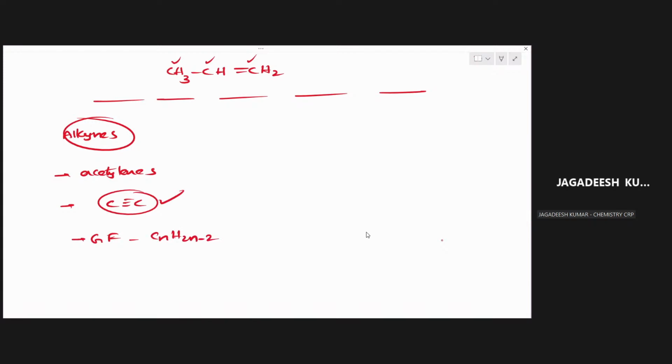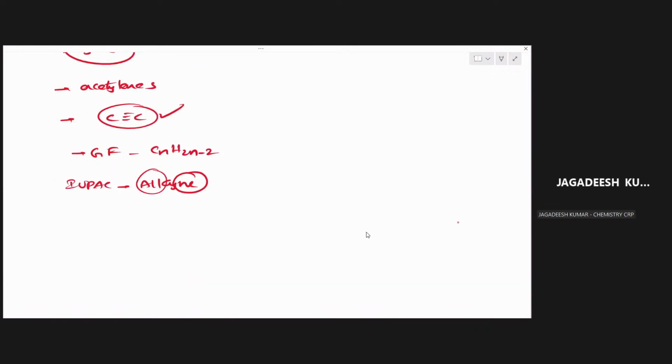The IUPAC name we take as alkyne. Alk is the root word and yne is the primary suffix. Here also the n value starts from a minimum of 2 carbons, because a triple bond should be present between two carbons. So 2, 3, 4, you can take any number.